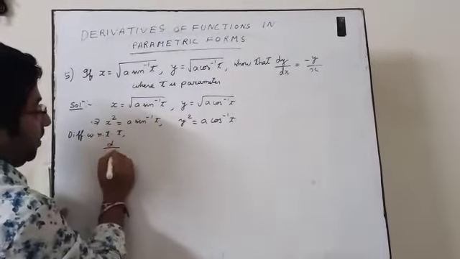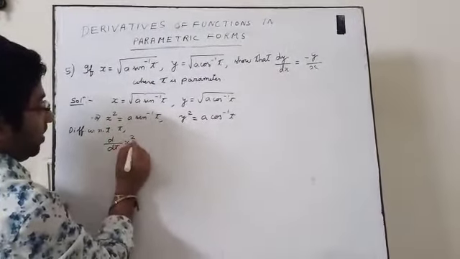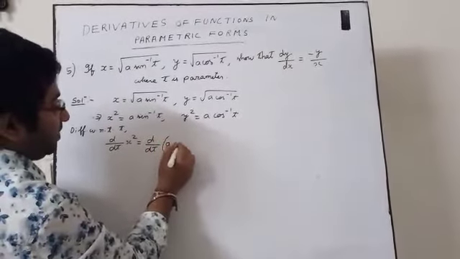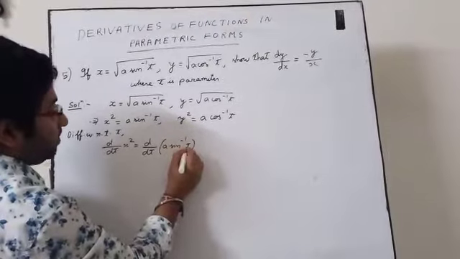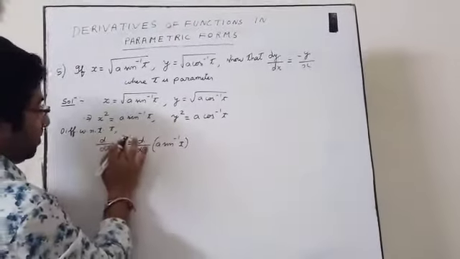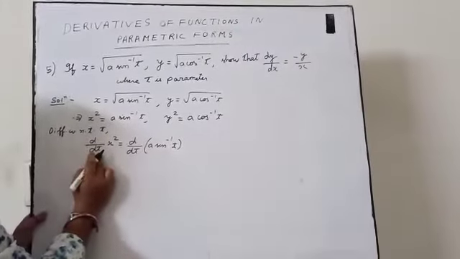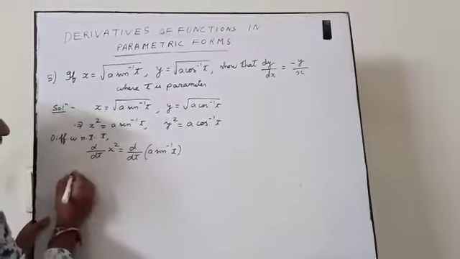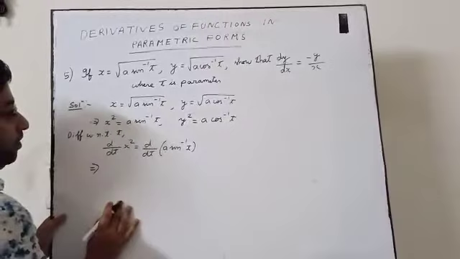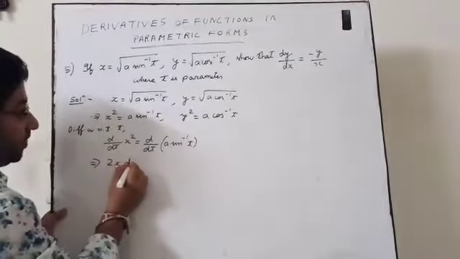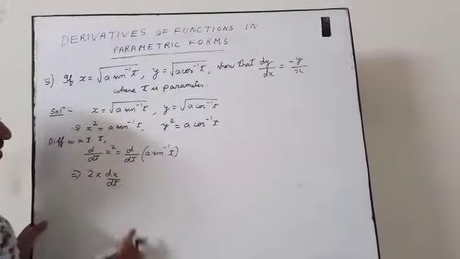So d by dt of x square equals d by dt of a sin inverse t. Okay, now you cannot differentiate a variable with respect to another variable, so what will we do? You will write twice x dx by dt.